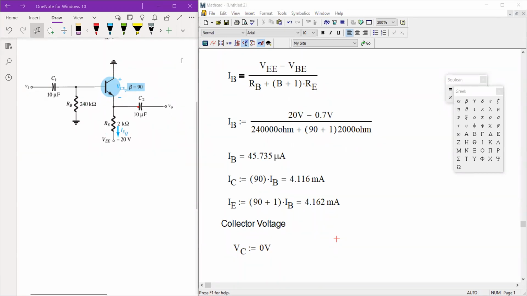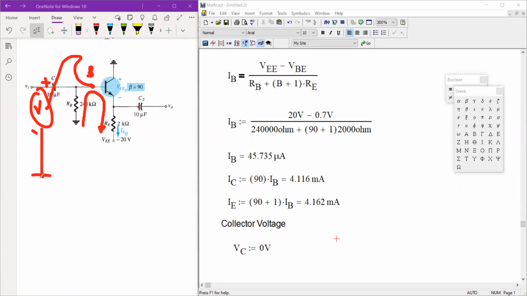Now for V sub B, or base voltage, we're using the loop we used previously to solve for I sub B. This is the location of your base terminal. If you would like to measure the base voltage, you connect the positive terminal of your voltmeter to your base terminal, and the negative terminal to ground, our reference.